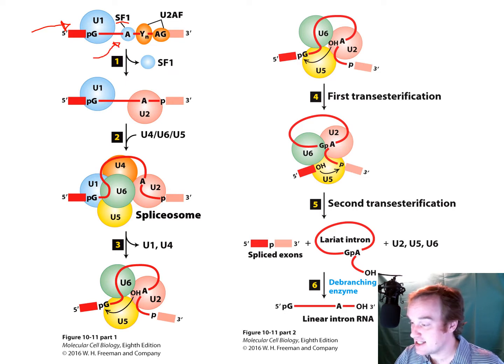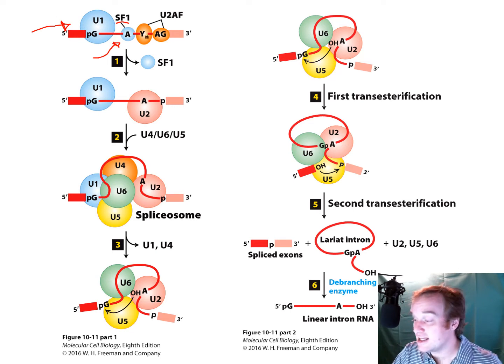And then beyond that, we have U2AF. They're referred to as snRNPs, or snurps, to make it easier on people like me that like to have word scrambles. So the U2 snRNP auxiliary factor is U2AF. It's a protein that associates with that U2 snRNP.